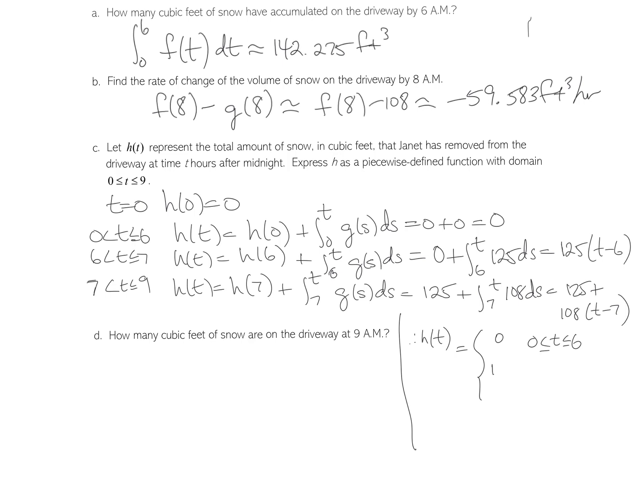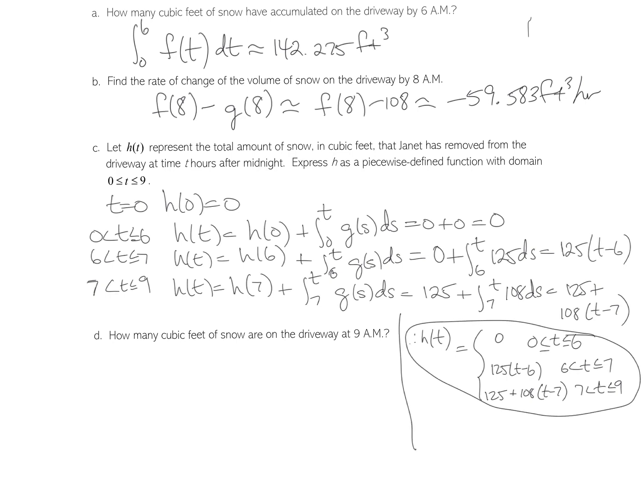It's equal to 125 times T minus 6 when it's between 6 and 7. And then 125 plus 108 times T minus 7 when T is between 7 and 9. So this would be my final answer here.